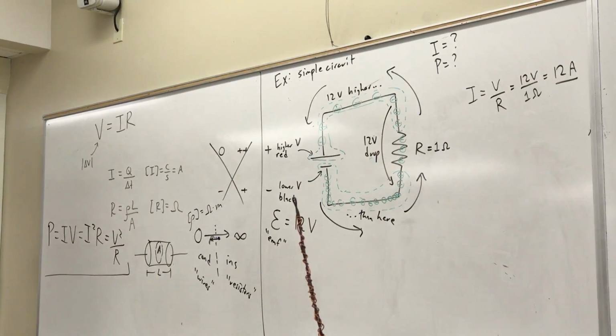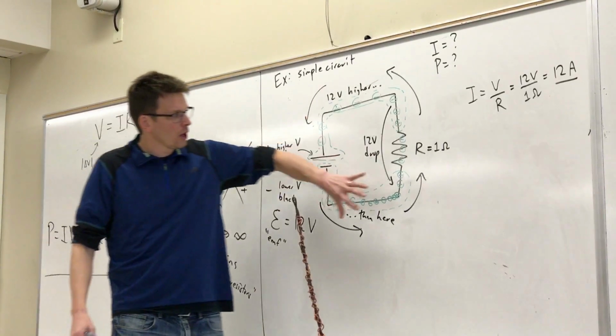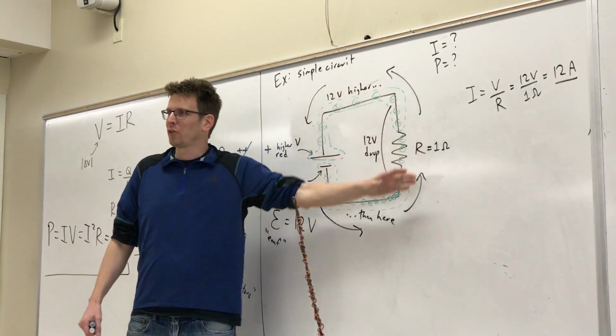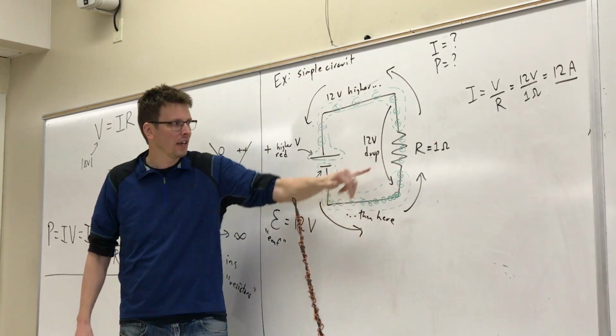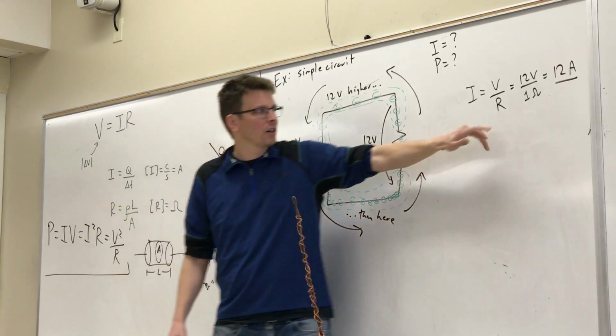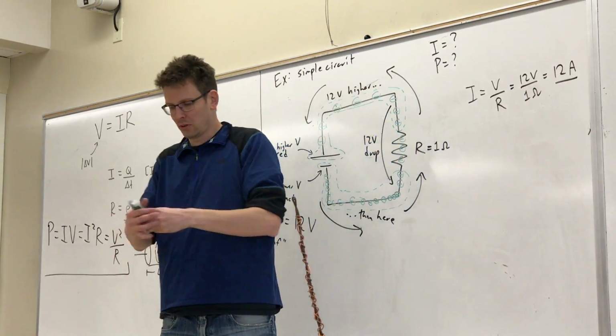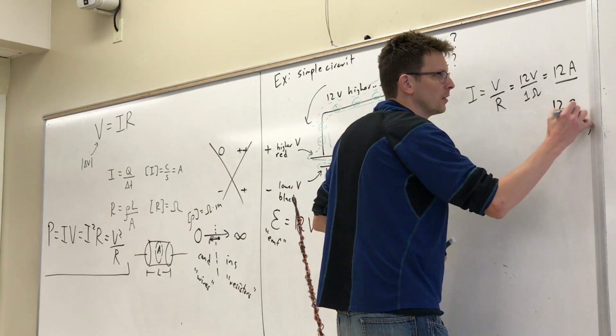So the entire system is filled. And the amazing part is that these electrons will detect just how much resistance is in the entire path. In this case, 1 ohm. And they will all start moving at 12 amps, or at 12 coulombs per second.